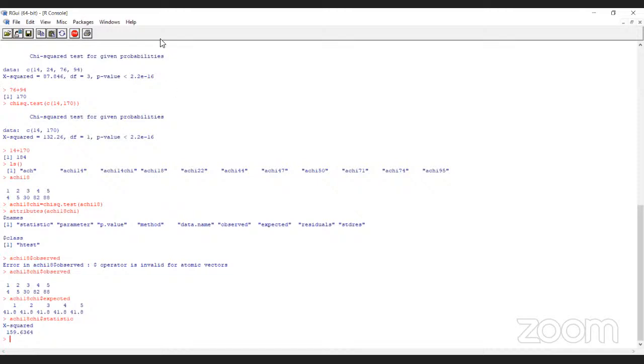You write down item ANA. ANA equal to data dot frame, bracket.